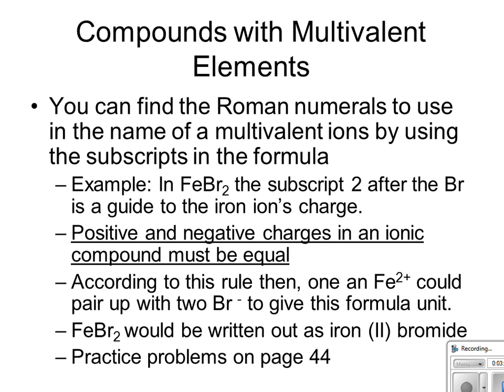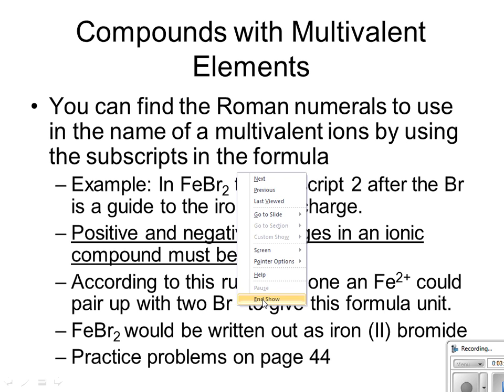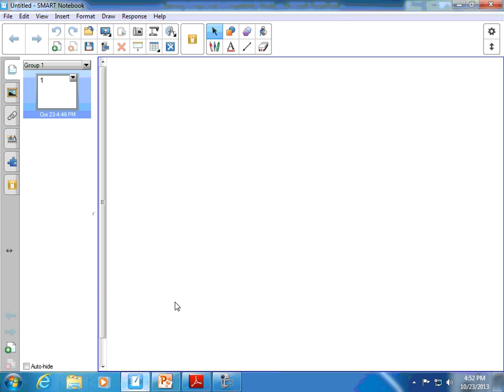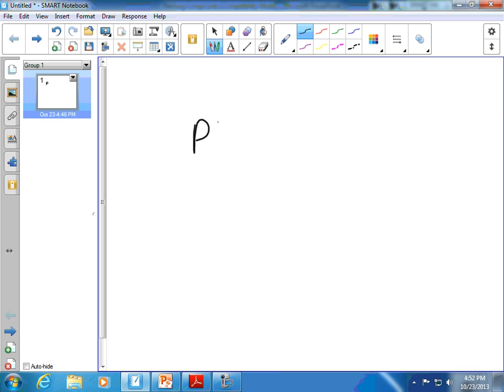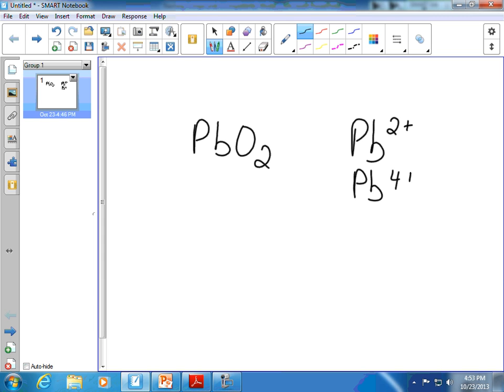The reason for that one being, if we go to our board here, in the practice problem you have PbO2. Now we know that Pb can have a 2+ charge, or Pb can have a 4+ charge.